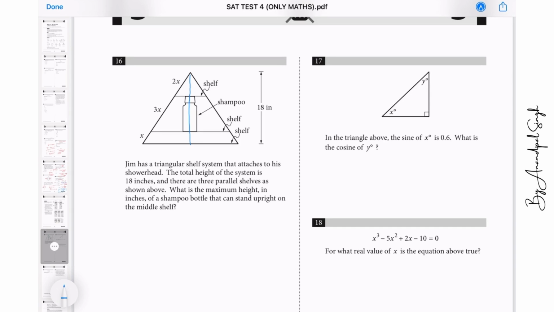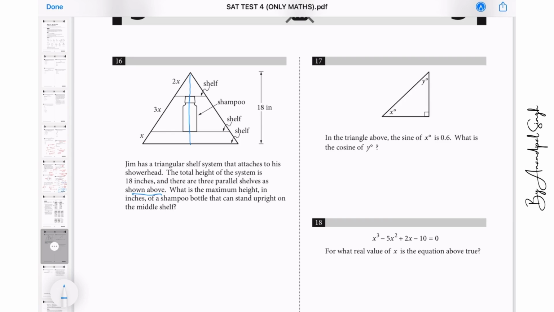The total height of the system is 18 inches, and there are 3 parallel shelves as shown above. What is the maximum height in inches of the shampoo bottle that can stand upright on the middle shelf?